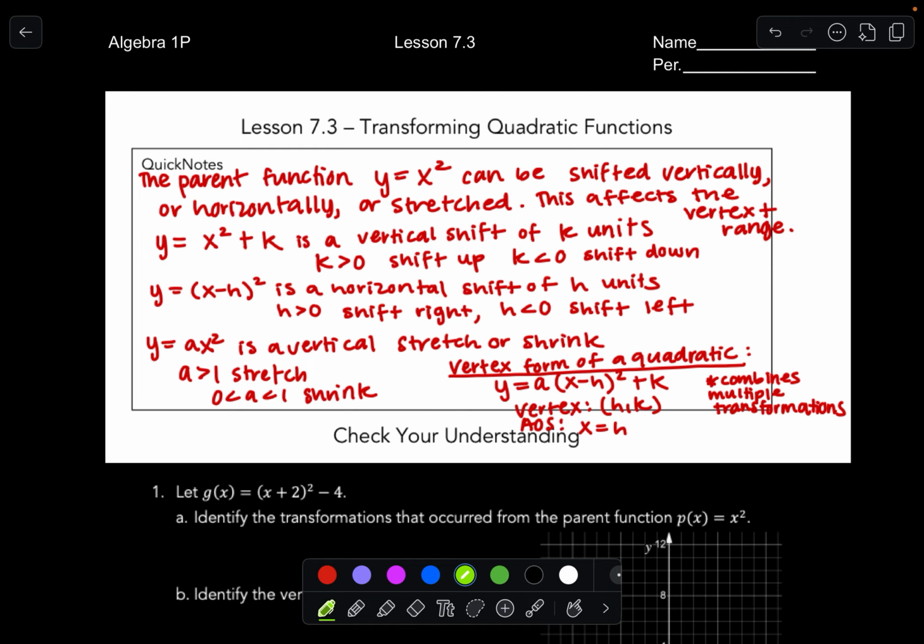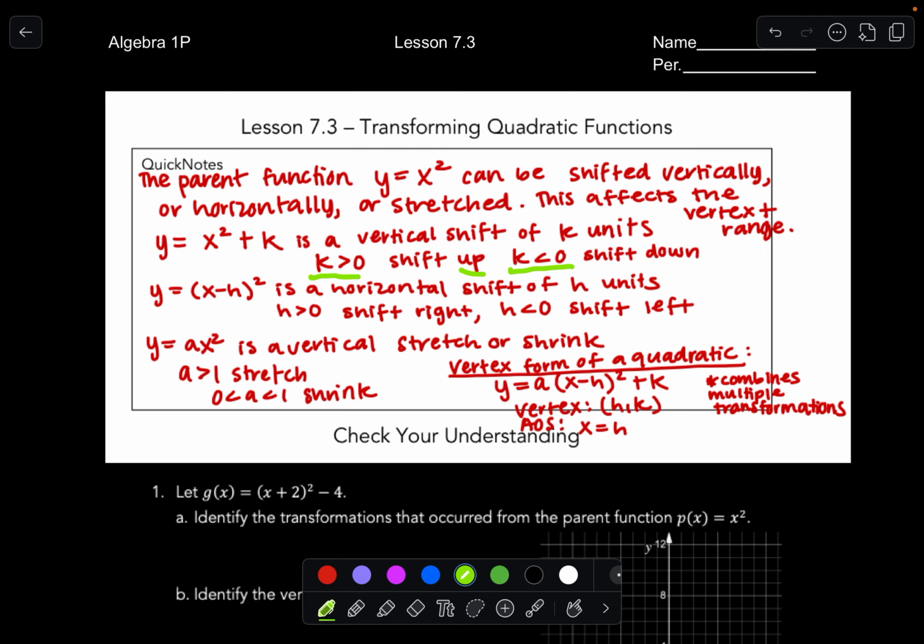So here it is. The parent function y equals x squared can be shifted vertically or horizontally or stretched. This affects the vertex and the range. Y equals x squared plus k is a vertical shift of k units. K greater than 0 shifts up. K less than 0 shifts down. X minus h is a horizontal shift of h units. H greater than 0 shifts right.